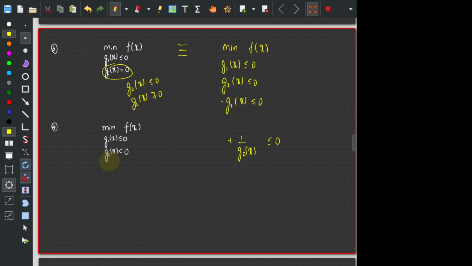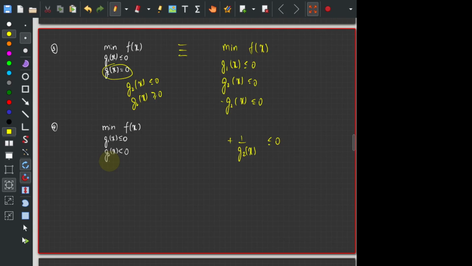Any suggestions? So I can find some arbitrary function that has a constraint, and that function is a function of g.